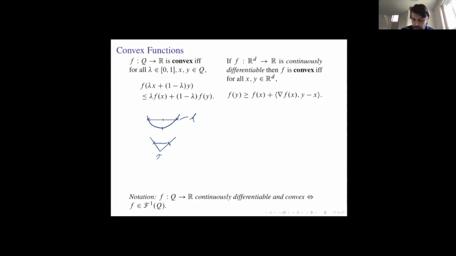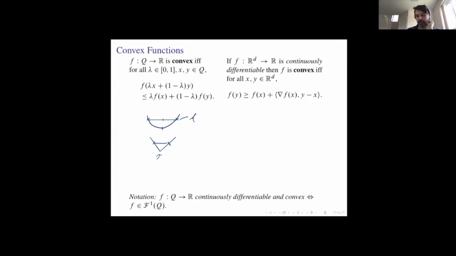Second definition that is often very useful is for functions f which have certain nice properties. So these here are now for continuously differentiable functions. So this function here would be ruled out because it's not differentiable because of this point, but it would apply to this function. Here I changed from Q to R^d. I think in the slides I move between Q and R^d.